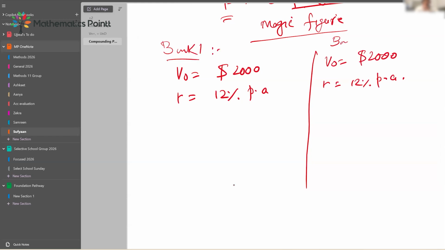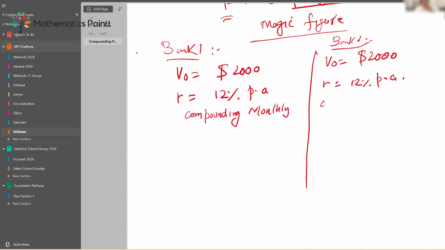Now, there is a slight twist in this scenario. Bank one and bank two. Bank one is saying that we will pay 12% per annum, but they now add two words, compounding monthly.